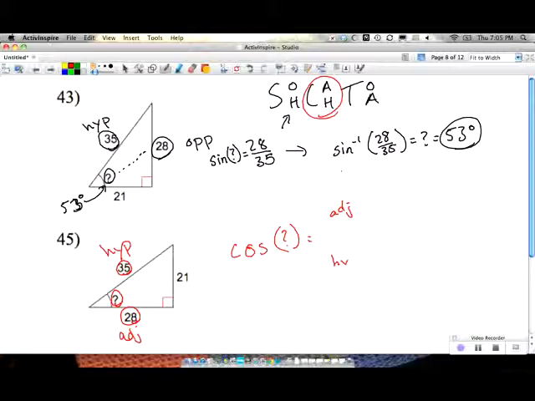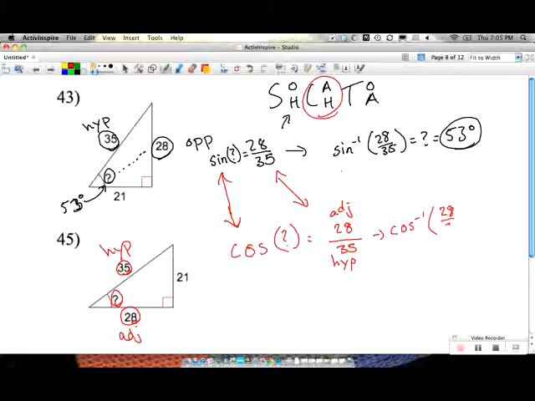Now these two look very similar, but notice that the trig relationship is different. The first one was sine, this one's cosine. So that means that our actual answer for the angle should be different. Let's look at that. That means we have cosine inverse of 28 over 35 equals the question mark. Go to our calculator.